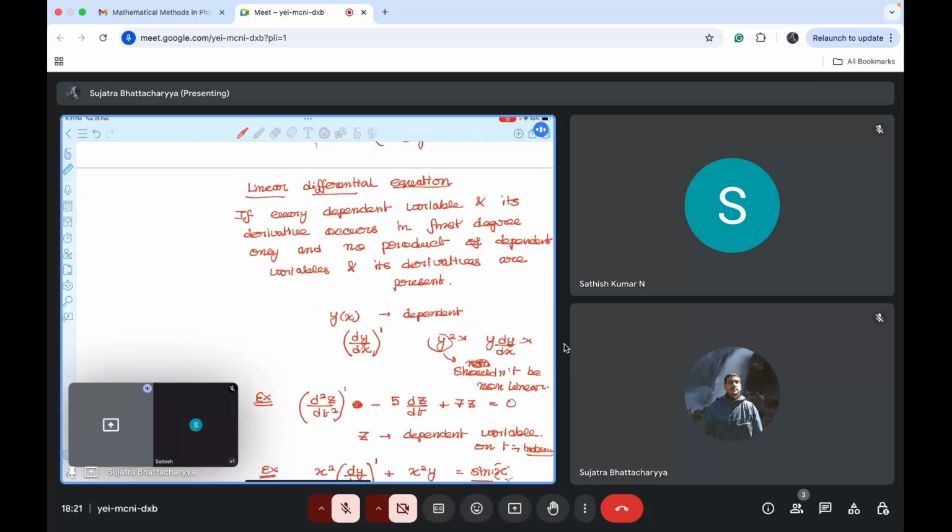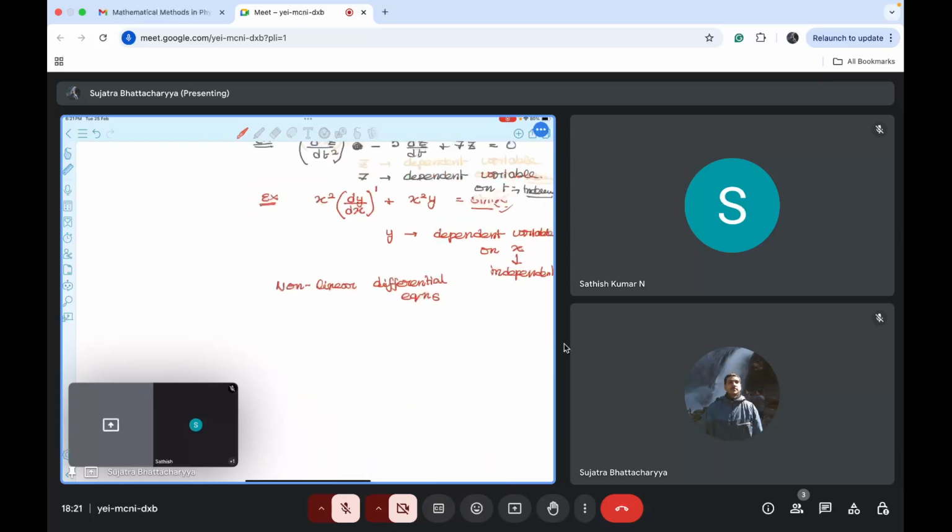What are those conditions? Every dependent variable and its derivative must occur in the first degree, so your degree should be one, number one. Number two is that there must not be any product of the dependent variable and its derivative, so there must not be any term which consists of y times y or y dy by dx. Okay, this should not happen. And there must not be any non-linear function.